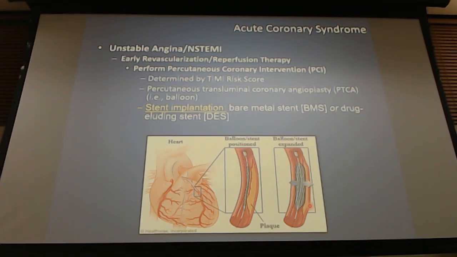So when we're looking at this, usually they're going to get surgery, because you're going to need to open back up that area to make sure that they don't progress to a STEMI, if that is the case. So we'll do a PCI, or percutaneous coronary intervention, on those patients. I'll let y'all get into more detail. It was just for completeness as to why it's here. But they will have a stent.